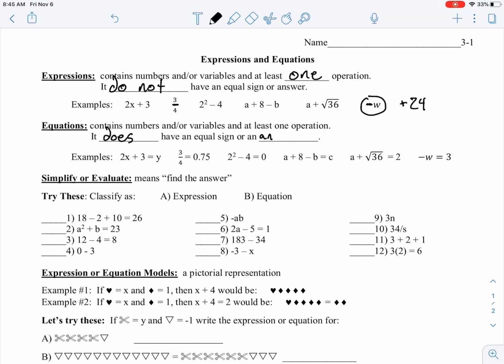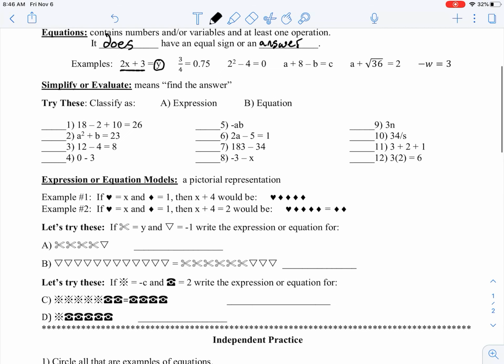So what do you mean by an answer? Well, it has our expression here before the equal sign. The equal sign tells us it's an equation, and y would be the answer to that equation. So that's what it means when it says it has an answer.